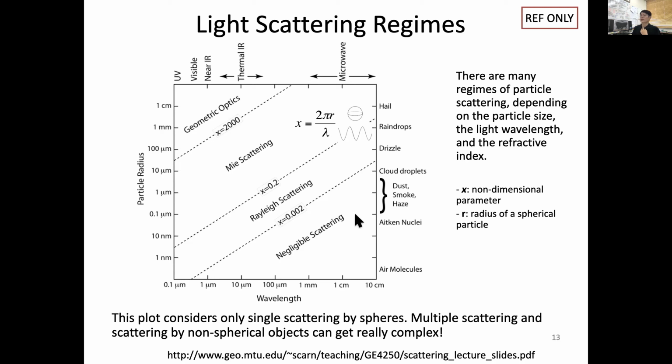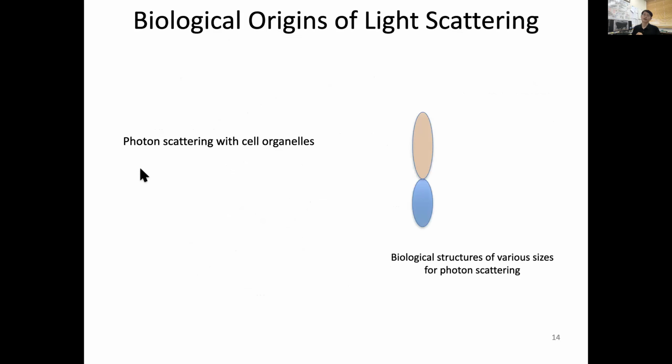Okay, so this one is a reference, because at some point you will be confused about when geometric optics happens, and when the other kinds of scattering happen. This chart provides you that information. But we are more interested in the interaction of light with biological entities, especially cells.